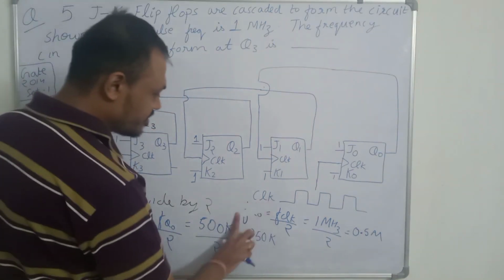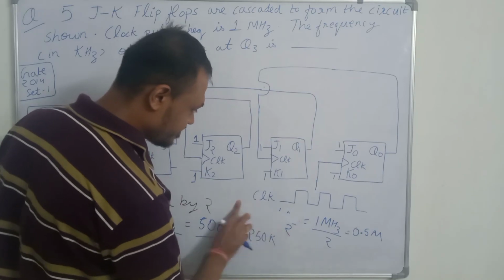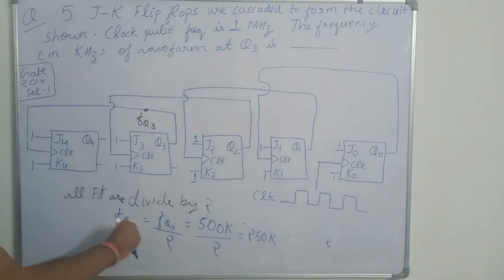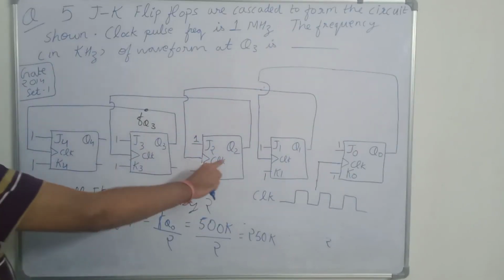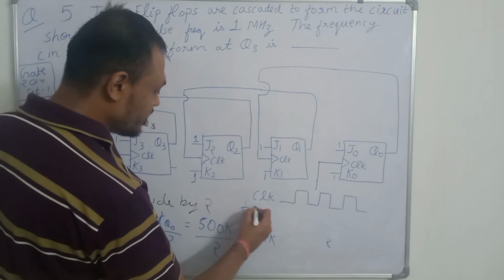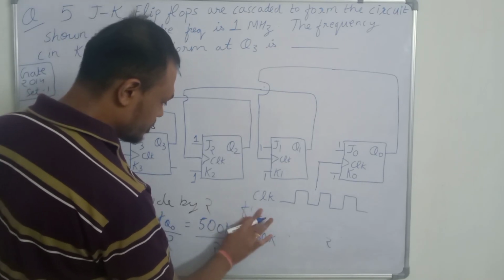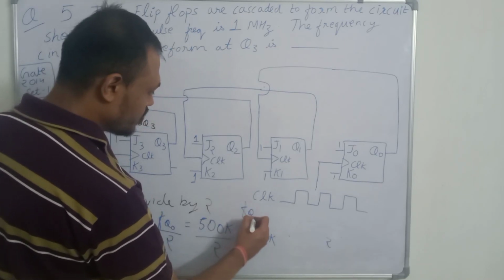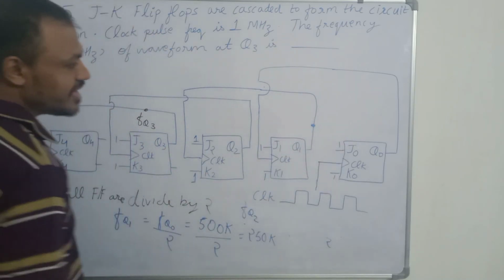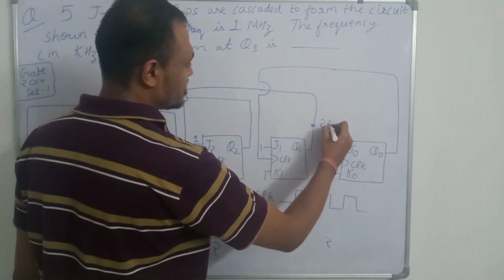Similarly, f of Q2. Now this Q1 is going as the clock of this third flip-flop. This frequency is 250 kilohertz.